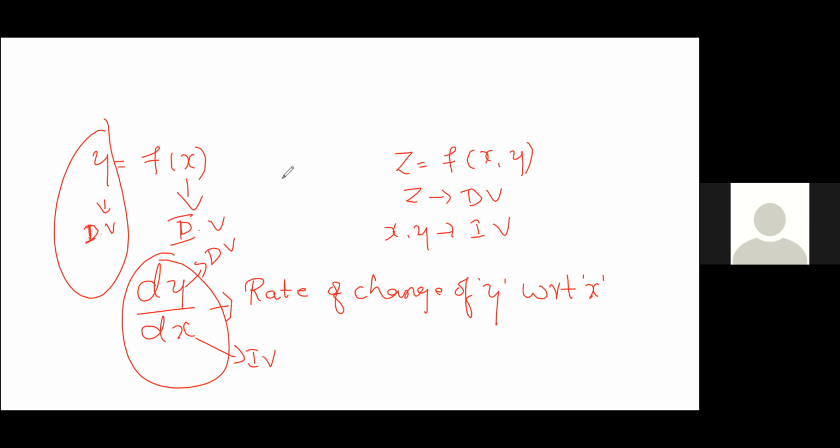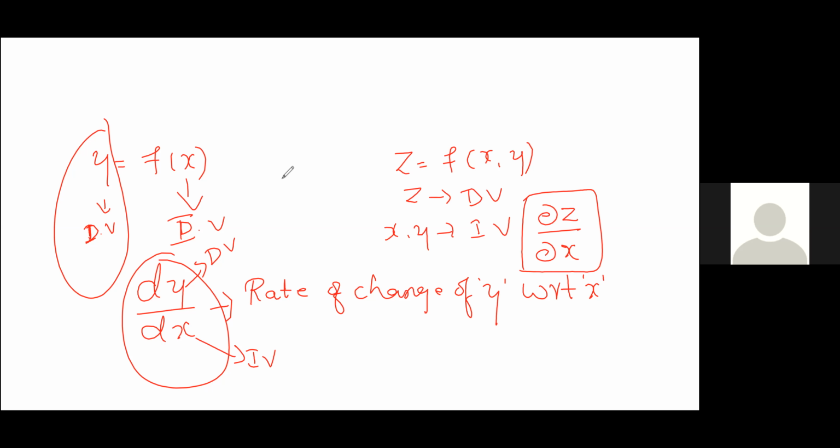Right. So now if you want to find out the rate of change of z, you have to decide with respect to which variable you have to find it, either x or y. If you are going to find the rate of change of z with respect to x, we denote it by dou z by dou x.